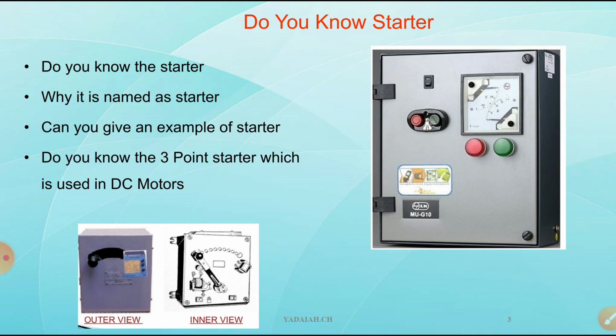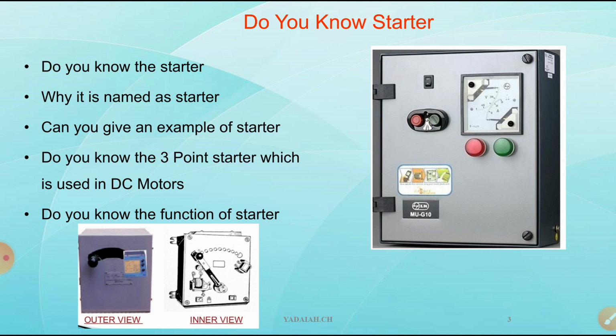But as electrical students, we should know what is inside the parts and what each part's function is. That is a 3-point starter. At the same time, a 4-point starter is similar, with one terminal different. Then what is the function of this starter? We are going to see this.